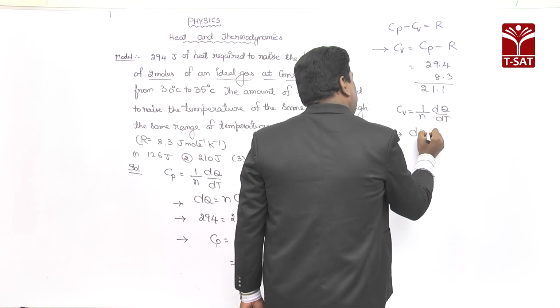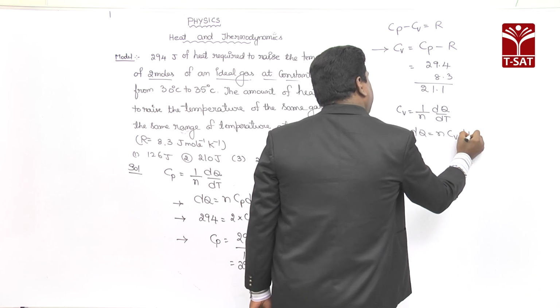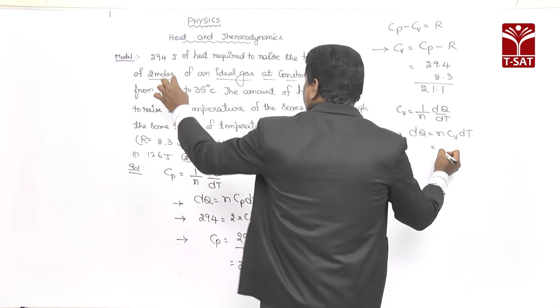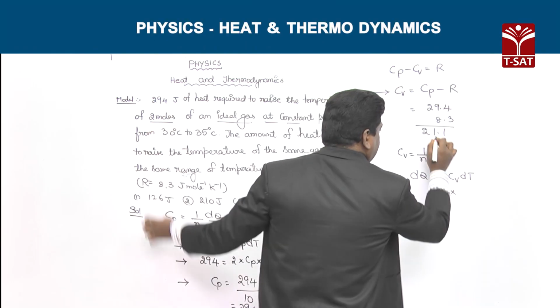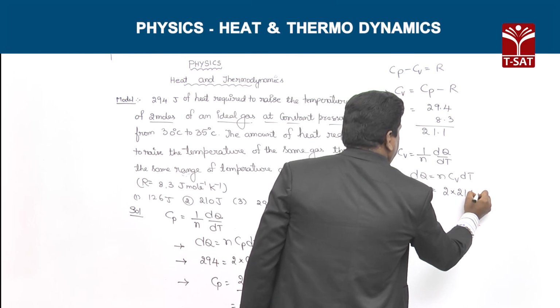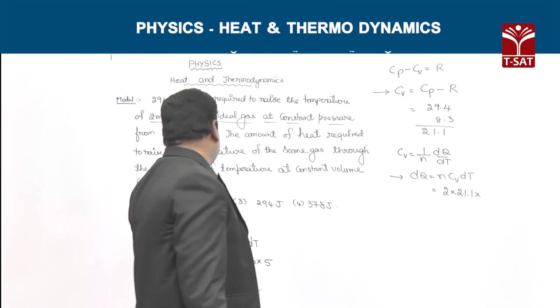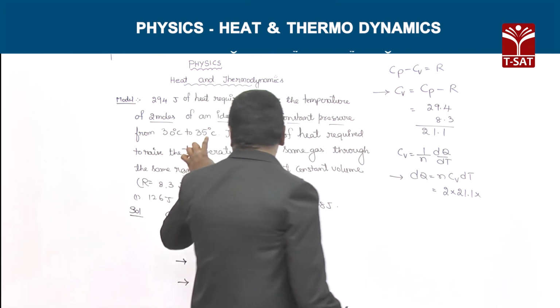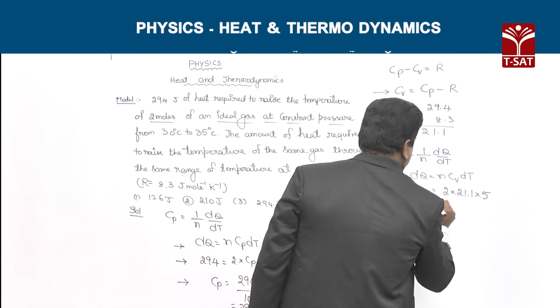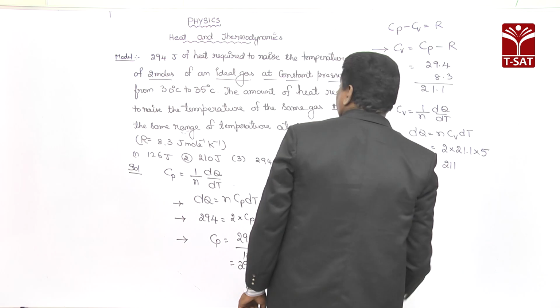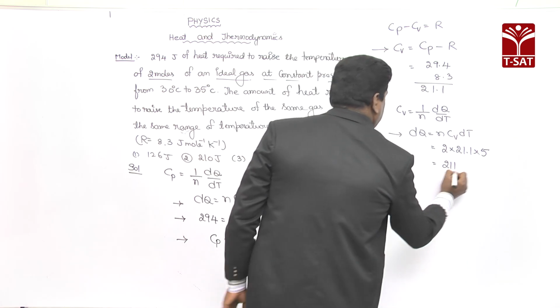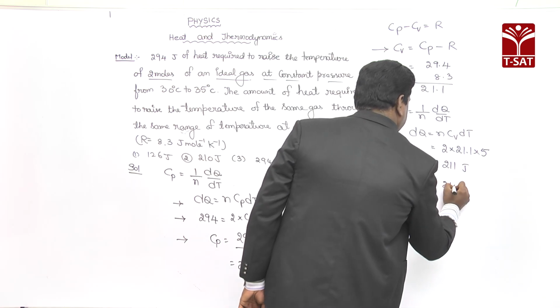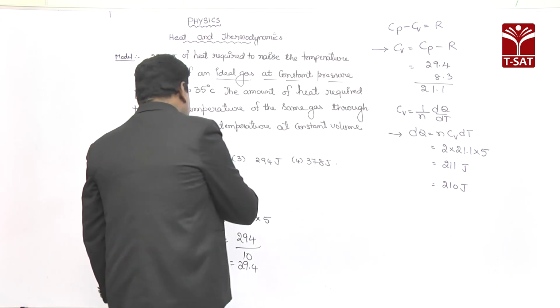So, dq equals n Cv dt. n is given as 2 and Cv we have obtained as 21.1, and we are asked for the same range of temperature, so 35 minus 30 is 5. We get 211 nearly. It is taken as 210 joules. Our option is the second one.